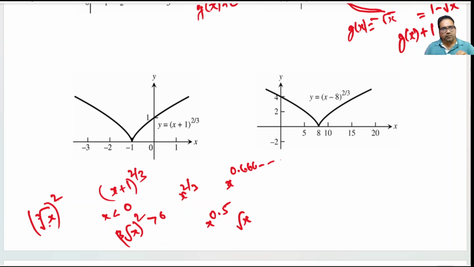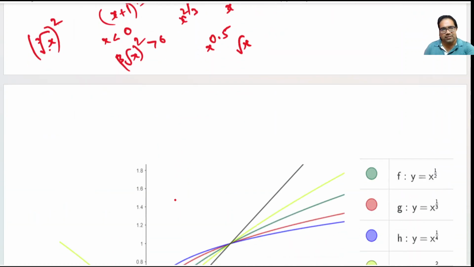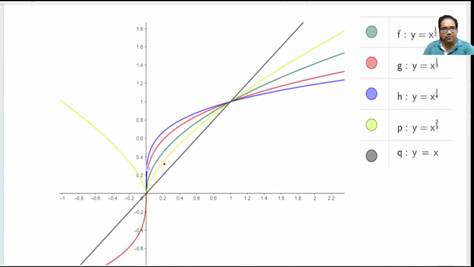Okay. Now let us understand how these graphs look. For example, let me show you. This is y equal to x. Y equal to x is a simple straight line.